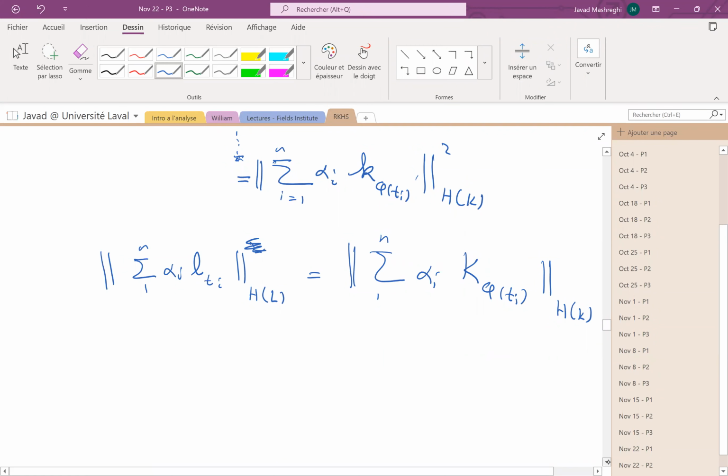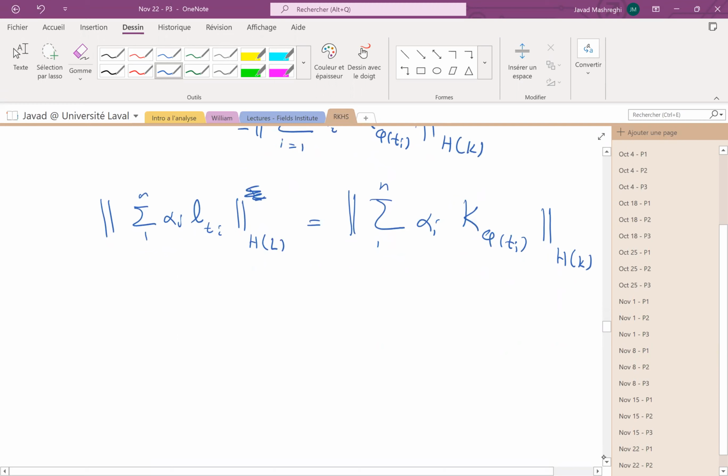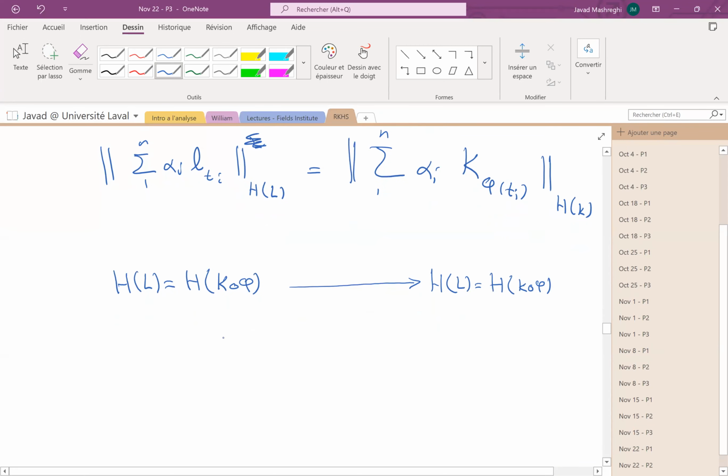So let me draw a diagram. Here is H of L, which is H of K composed with phi. Mapping here goes to H of K. This is our isometry, which I established.